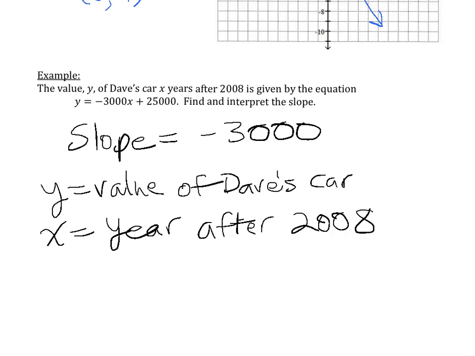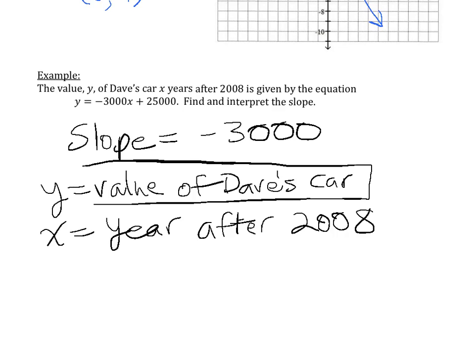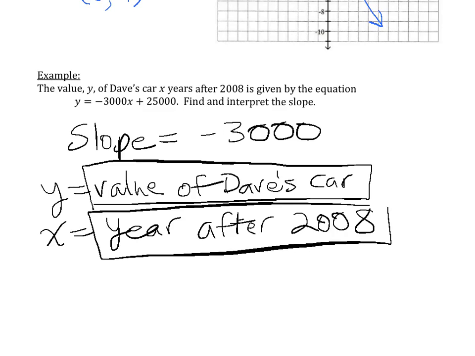So your slope is going to tell you how much the value of Dave's car changes x years after 2008. And so since that's a negative, instead of the value of the car going up, it is actually going to go down by $3,000.